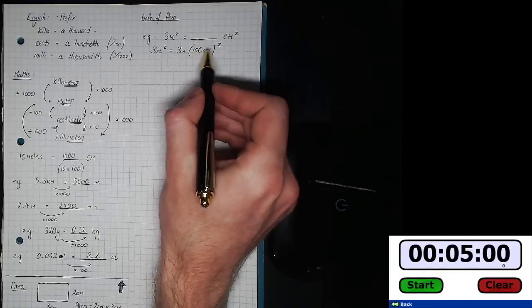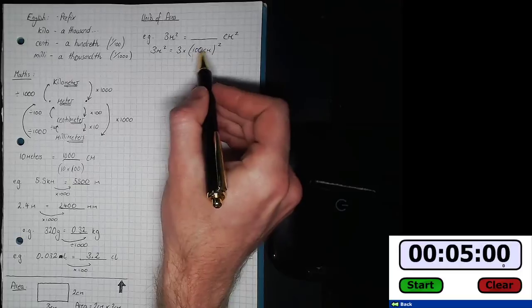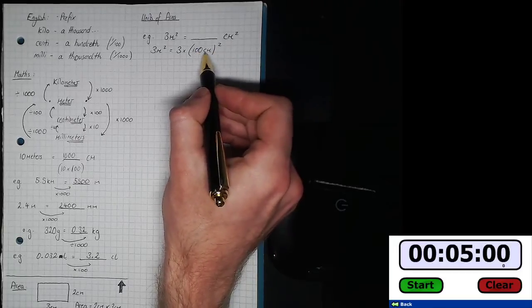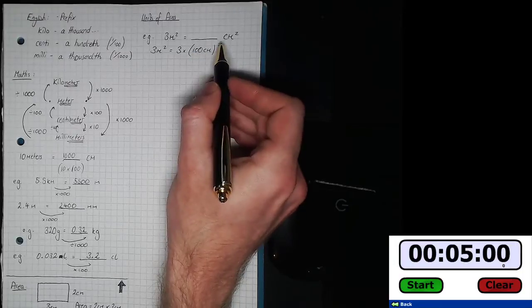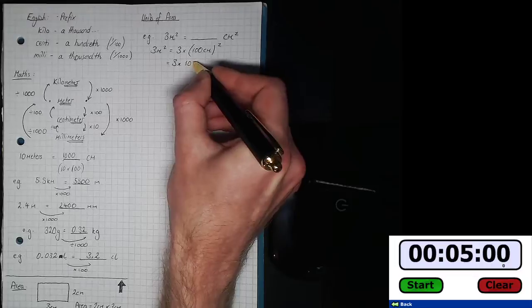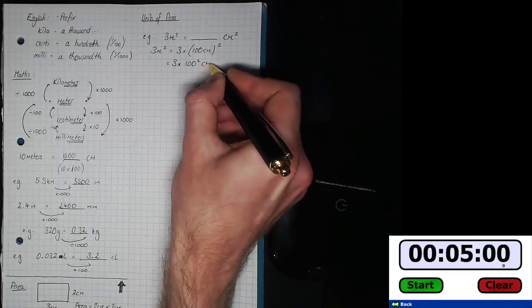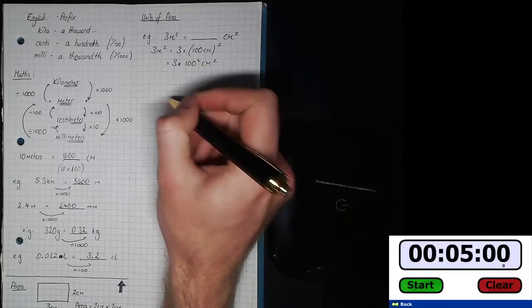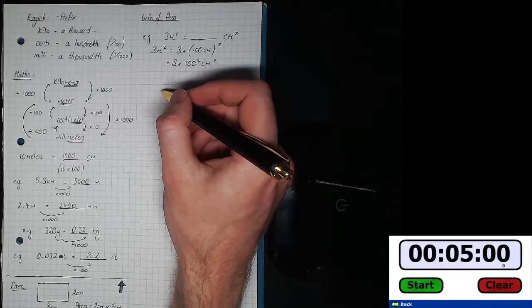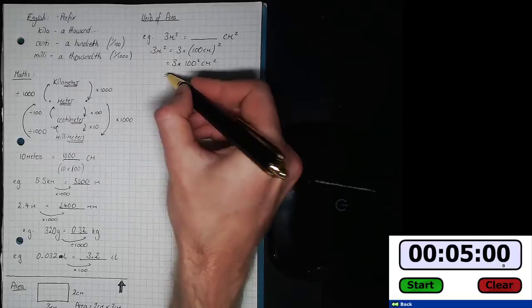Now, this means that our 100 is going to get squared and our centimeters are going to get squared. Both of those things there are going to get squared. So this is going to be 3 lots of 100 squared centimeters squared. When you have something squared, it multiplies by itself.